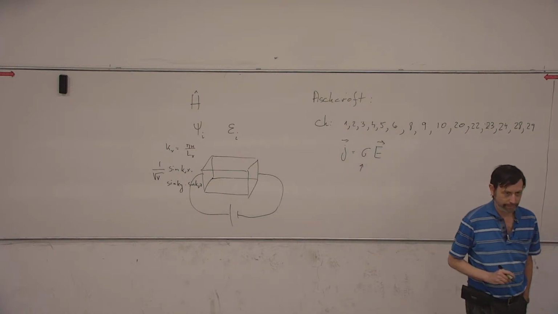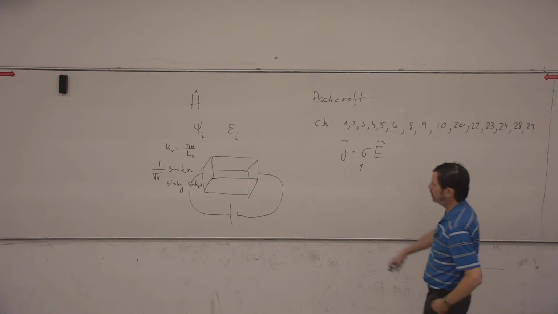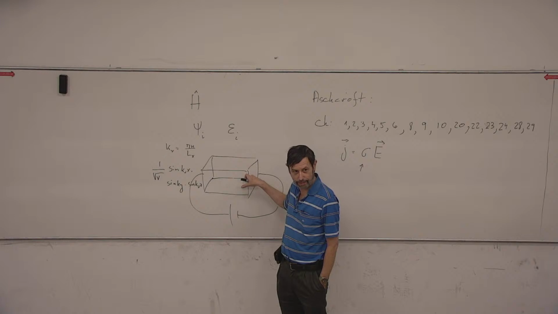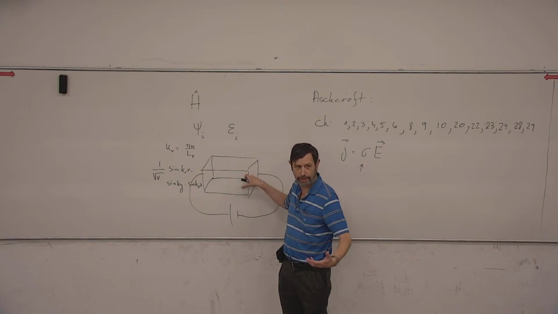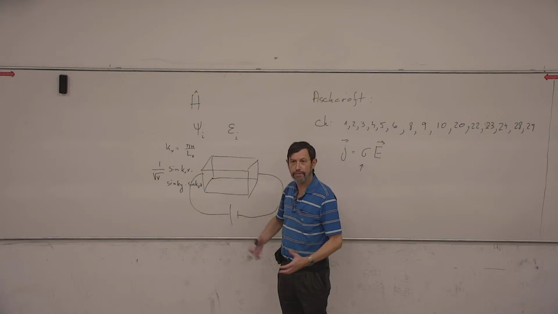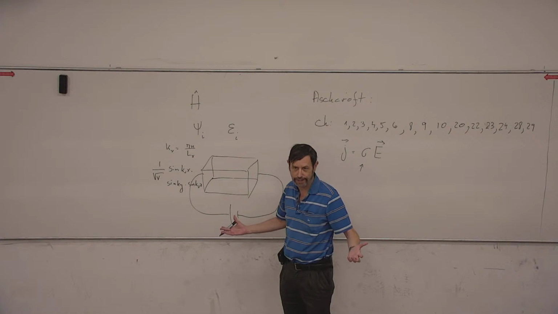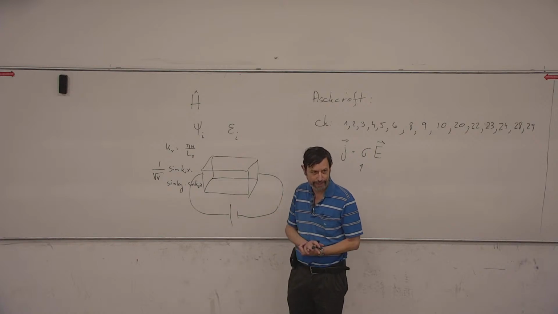How do I cause current to flow in this system without connecting it to the outside? Thermal fluctuations on average will give you a current of 0. That won't help.